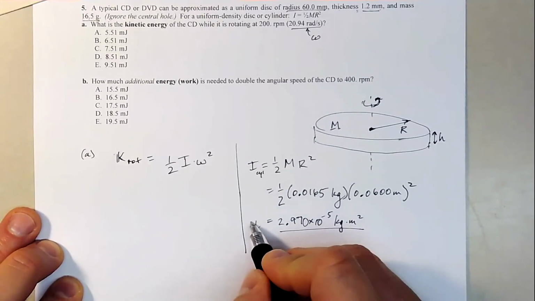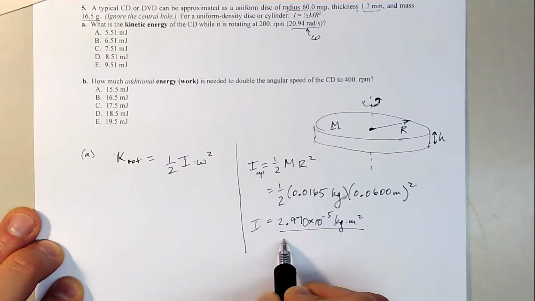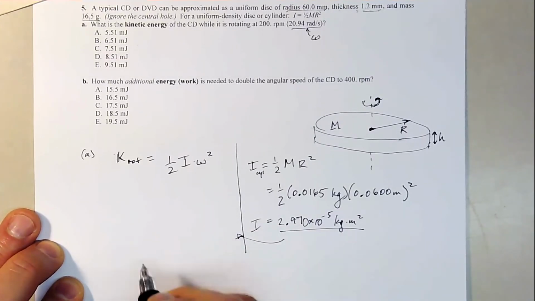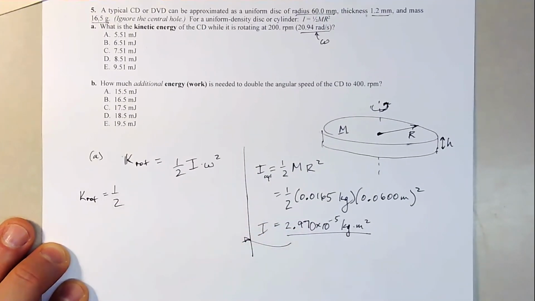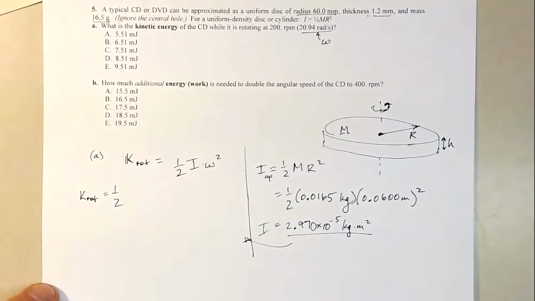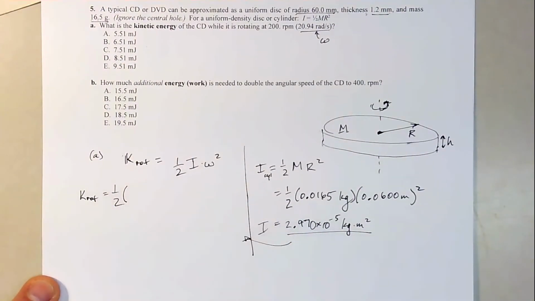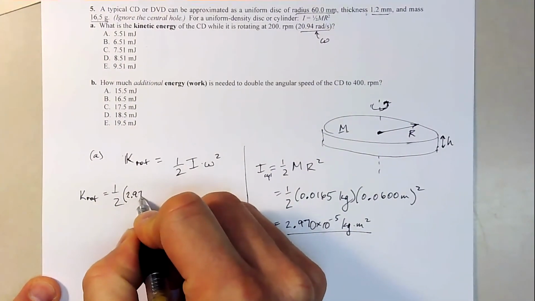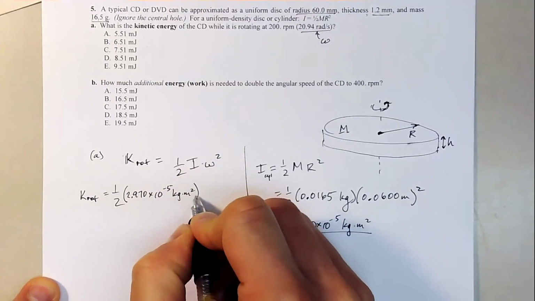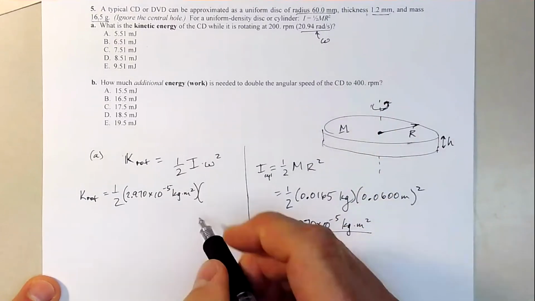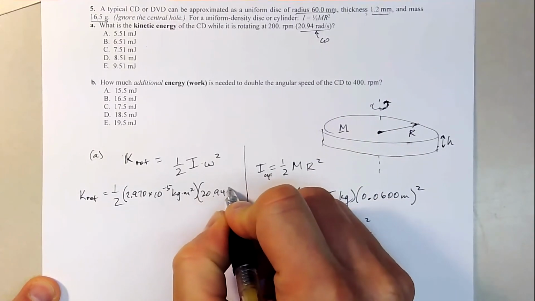Now we can plug that into our formula over here on the left. The rotational kinetic energy of this CD when it's spinning at 200 RPM is going to be equal to 1/2 times 2.97 times 10 to the negative fifth, and then omega, we already know, is 20.94 radians per second.